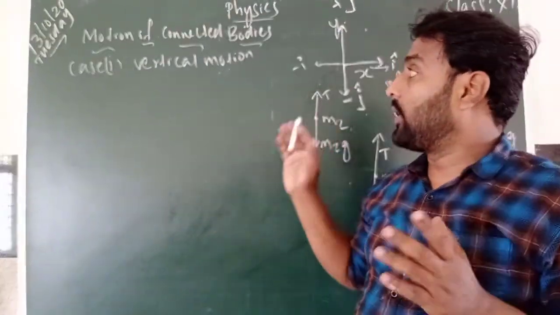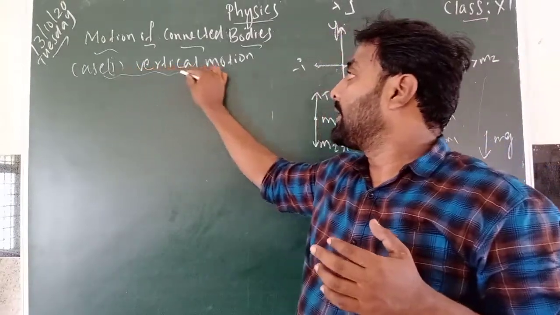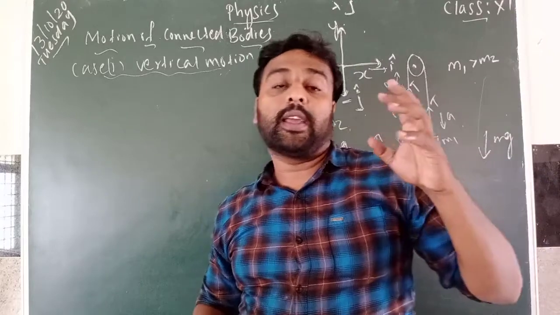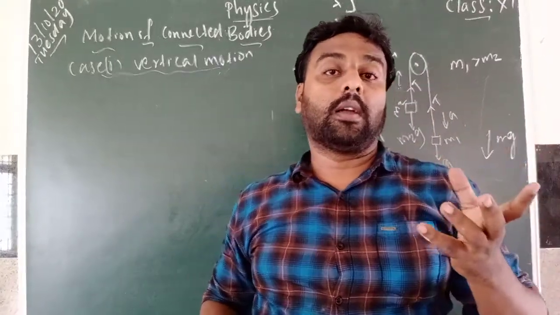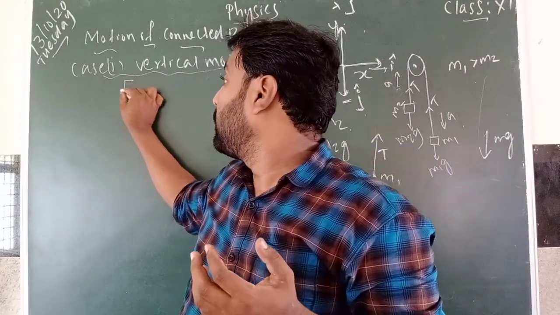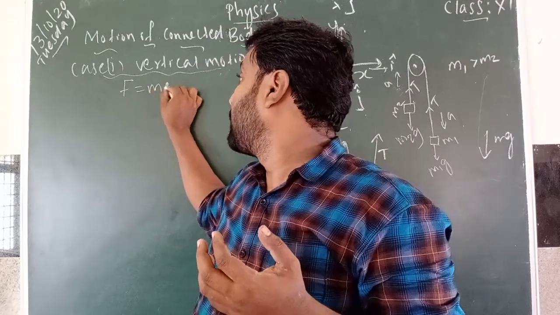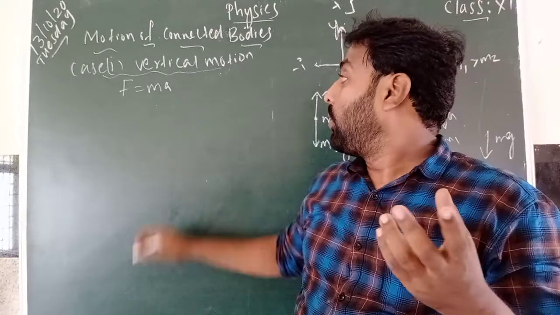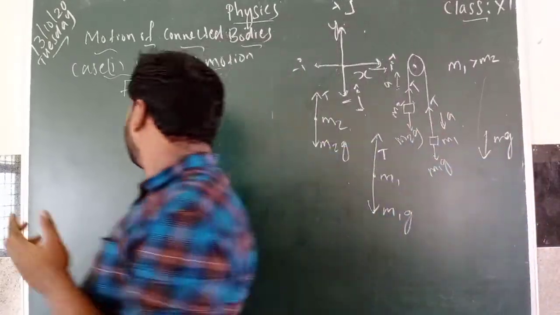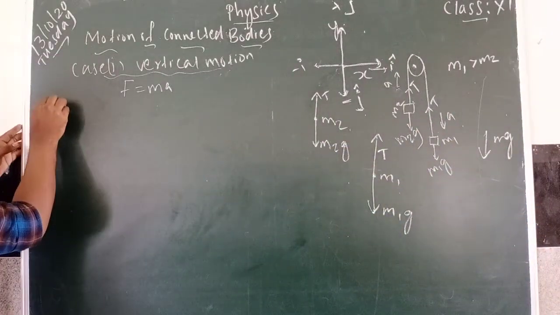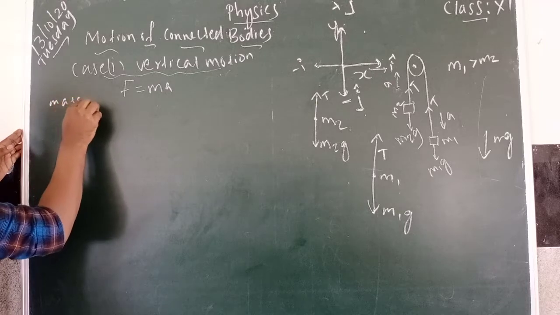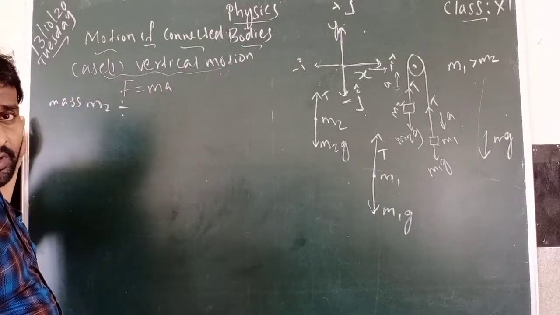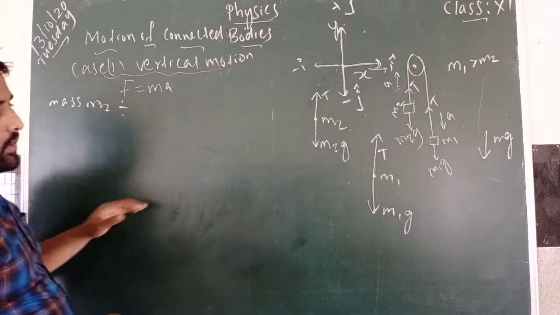Now we can find the acceleration. First, apply Newton's second law. We know the formula, Newton's second law: F equals ma. So apply Newton's second law on mass m2. Take this diagram.